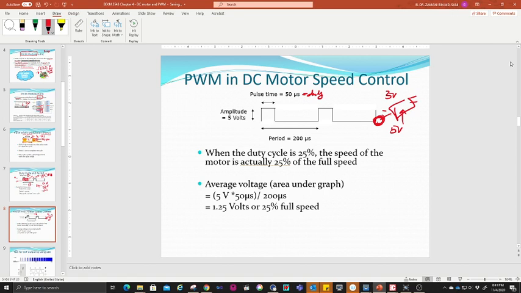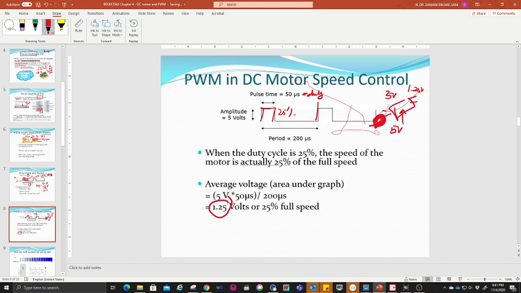If you give the duty cycle only around 25% of the full period, you are actually giving only 1.25 volts to the input. So instead of 5 volt, you are only giving the motor 1.25 volts, and the rotation of the motor is slower compared to the first one just now with 5 volt.